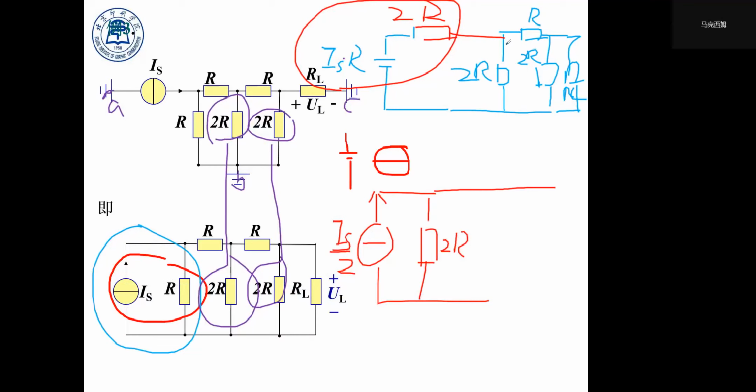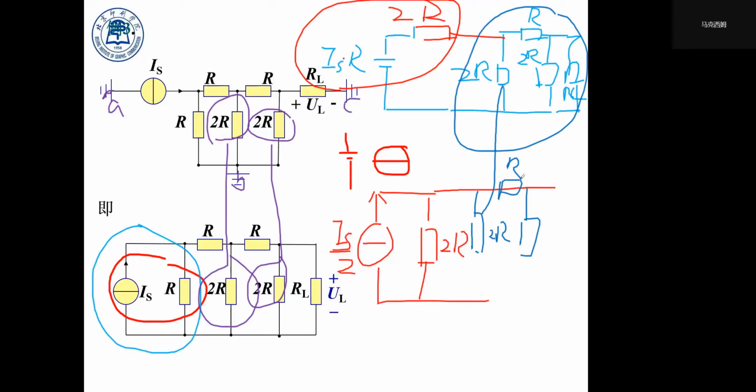And all this stuff together. This is another 2R. This is the 2R we have, and this is the R we have.